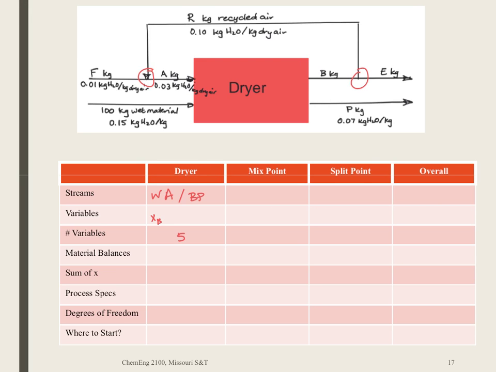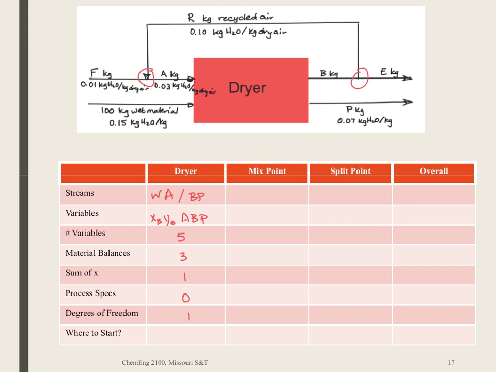So it's XB, YB, A, B, P. I can do 3 material balances: water, air, and solids, or the material as we've called it. I get one sum of X equation, and I have used my process specs to write the mass fractions in the streams where the water content was defined. And so based on this, I have 1 degree of freedom at the dryer.